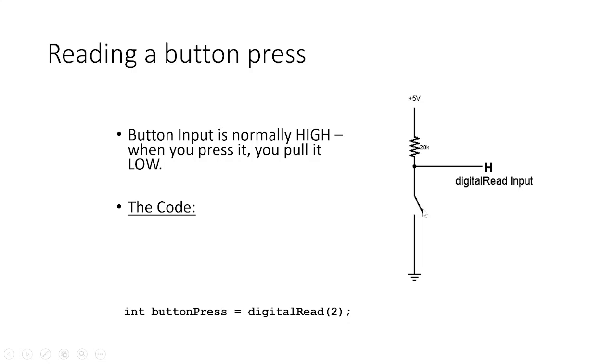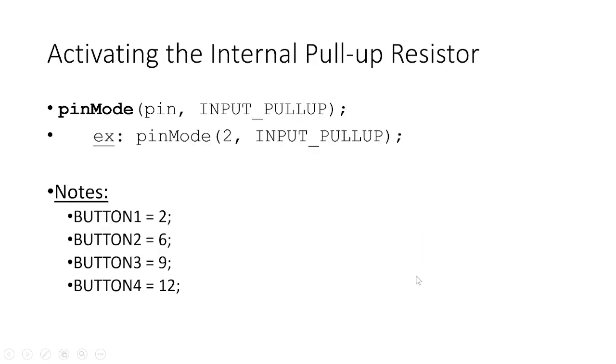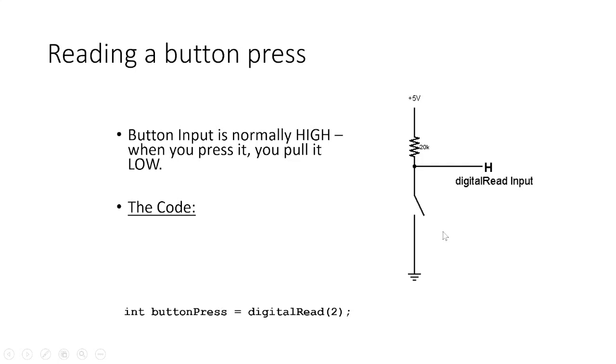But if you close the circuit, the connection will be from ground to that digital input pin, because current usually passes through the path which is less obstructed or less restricted.